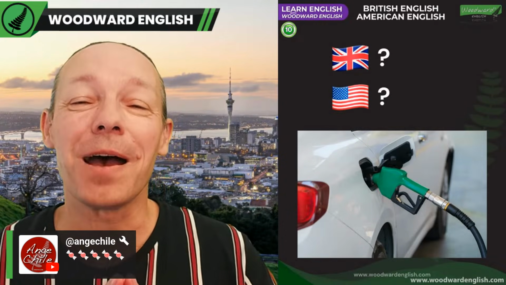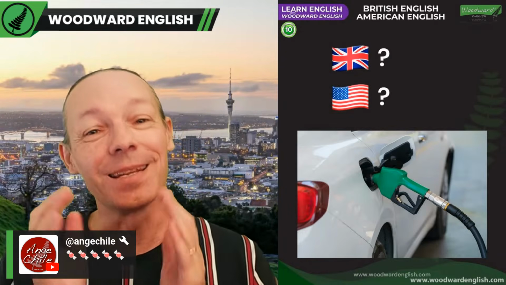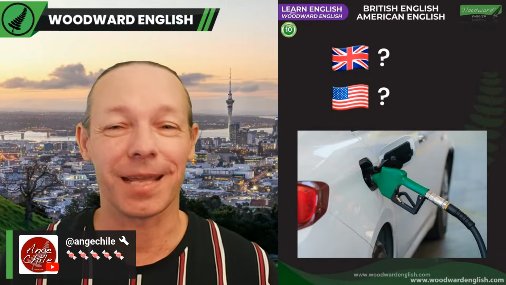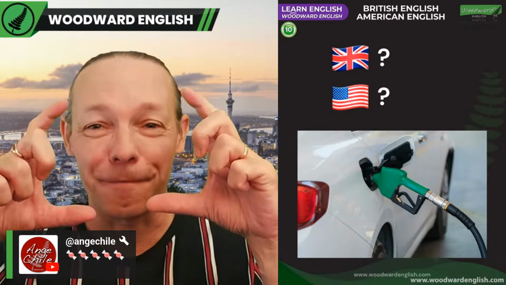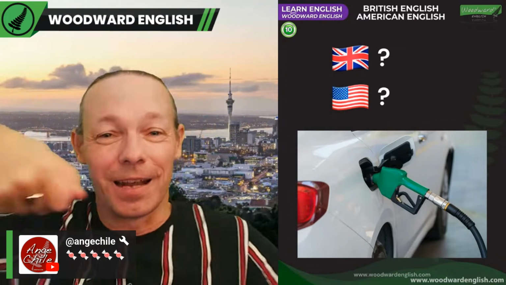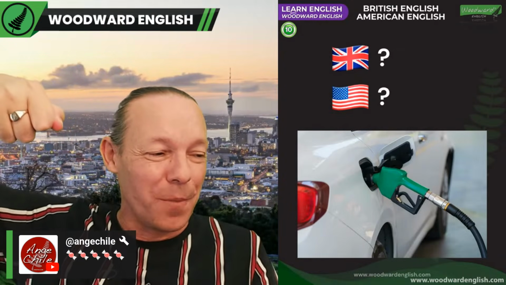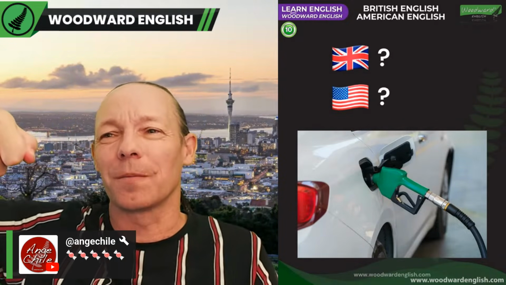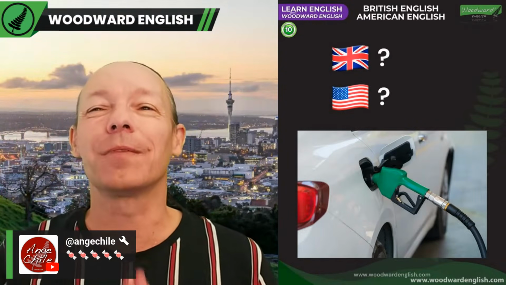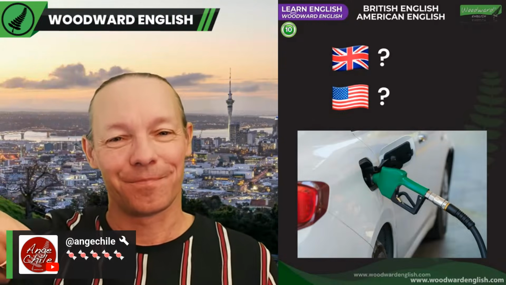Okay, what is this? We're talking about the liquid that goes into the car. This was so hard to try and take an image. If I take a photo of this where you put this into your car, I have to pour it into a bucket or something else, and the people will complain. So it was hard to have a photo. I want the name of the liquid. What is the name of the liquid that comes from this pump?